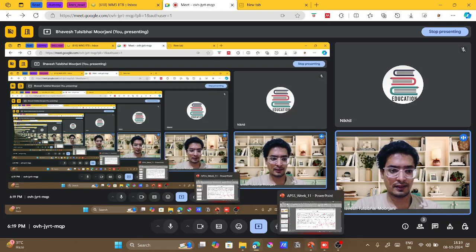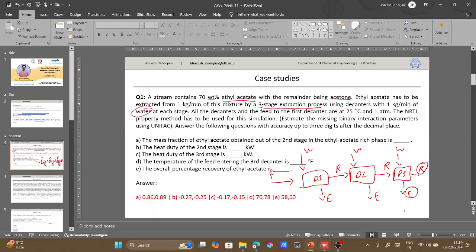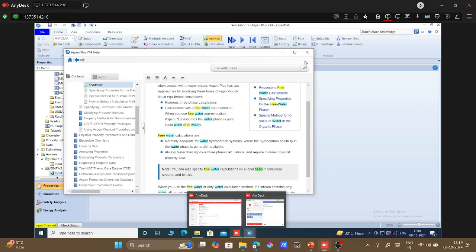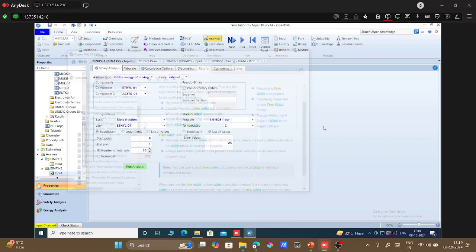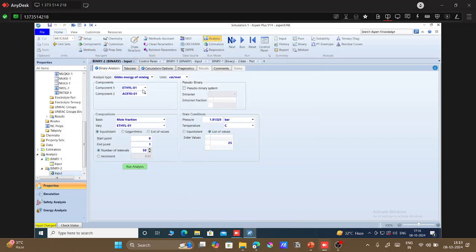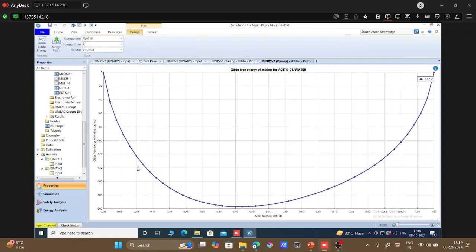Okay, then I will move ahead with the problem. We had seen the Gibbs energy of mixing for ethyl acetate and water. Now we want to see acetone and water. So select acetone, then water, again at 1 atmosphere and 25 degrees centigrade, and we will see the Gibbs free energy of mixing.